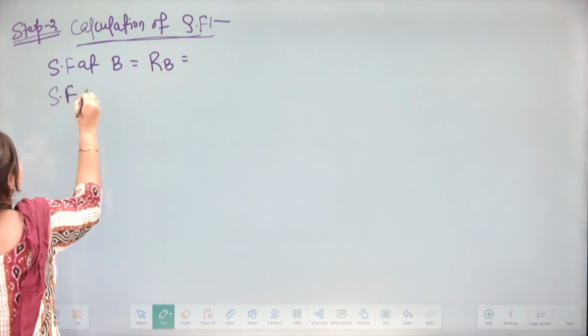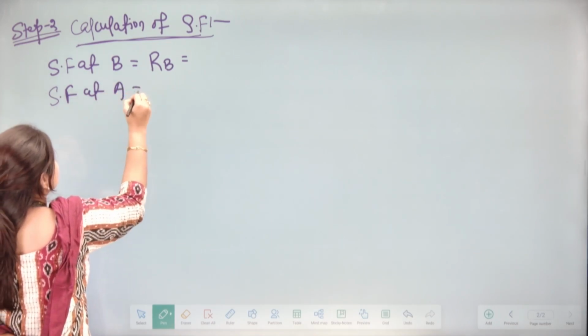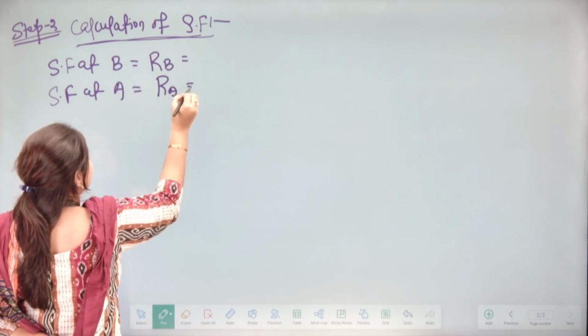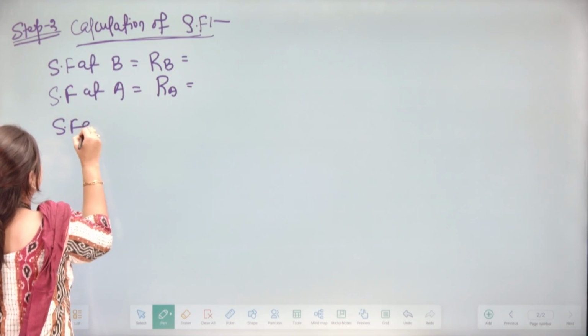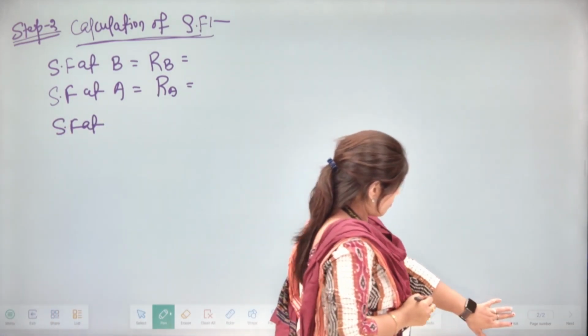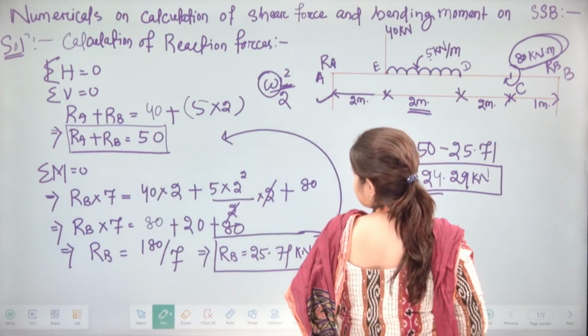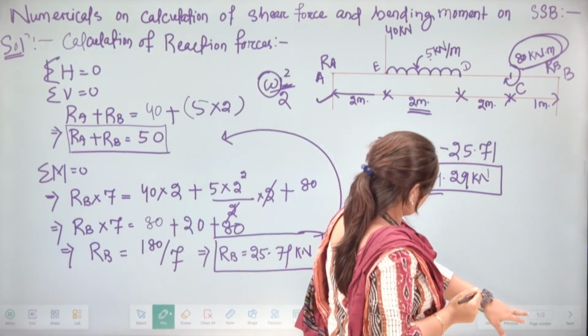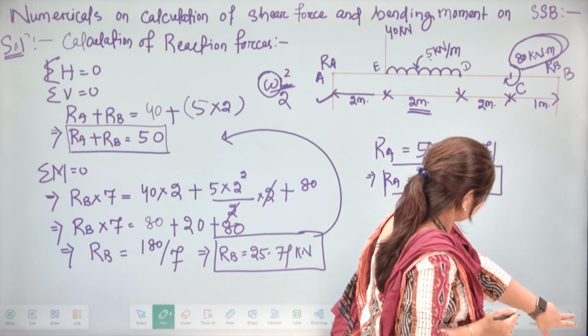Similarly, SF at A is equal to Ra. The values are 25.71 and 24.29.